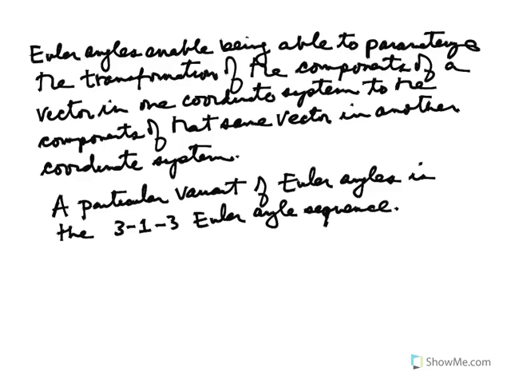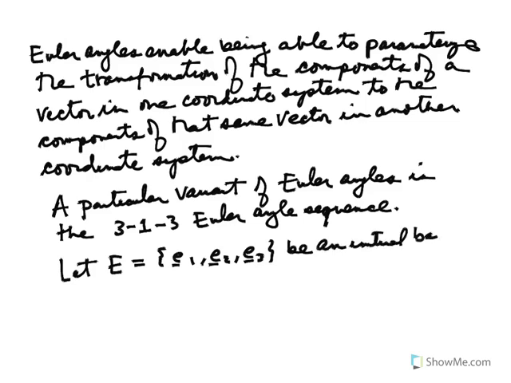But the way it works is that we have successive coordinate systems, or successive bases. We start with an initial basis. So let E equal E1, E2, E3 be an initial basis. And then successively we're going to have three different rotations, which ultimately are going to lead to transformations.